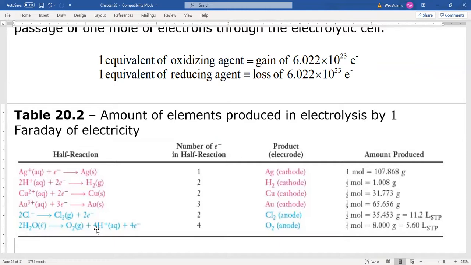Water goes to oxygen gas plus 4H+ plus 4 electrons, so for a 4 equivalent oxidation at O2, that's 1/4 of a mole, or 8 grams, or 5.60 liters at STP.